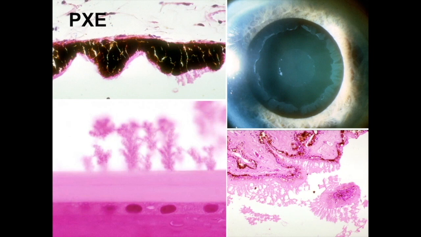The material is made by the lens epithelial cells and extruded through the capsule, forming these so-called Busacca deposits, which have been likened to iron filings on a magnet. We also see massive amounts of exfoliation material on these ciliary processes here. The presence of the material on the ciliary body presumably interferes with the zonular attachments, leading to this propensity for spontaneous dislocation.